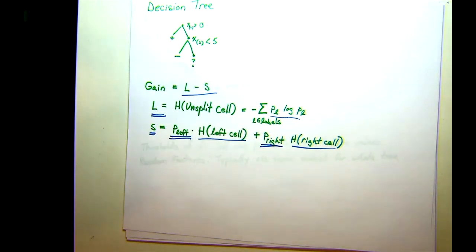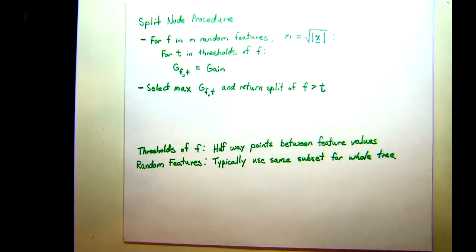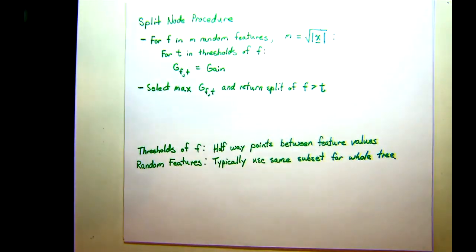That gain is going to be for a specific feature and threshold split that we're talking about. So I'm splitting on the fourth feature, and my threshold is 7.5. So we're going to get a lot of different gains. This takes us to the procedure for splitting the node. We're going to look at some number of features. When we build a tree, the first thing we do is build what are called random trees.